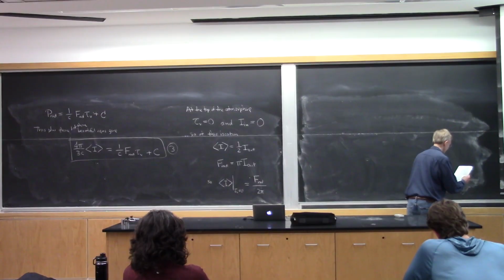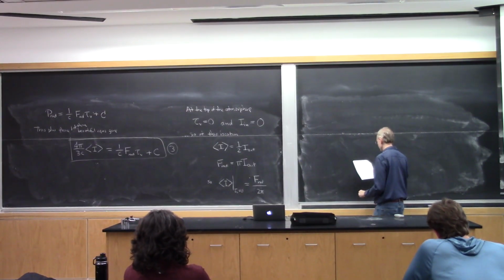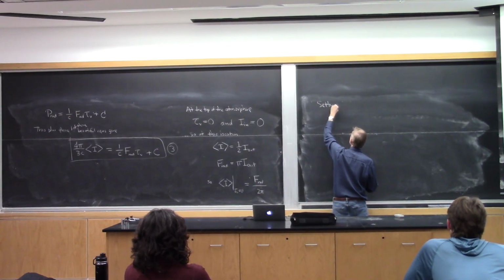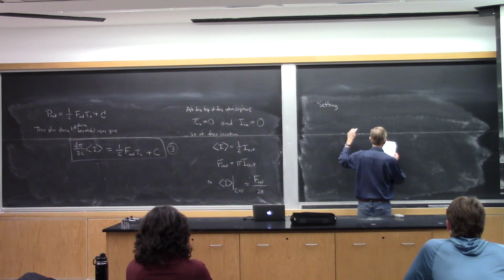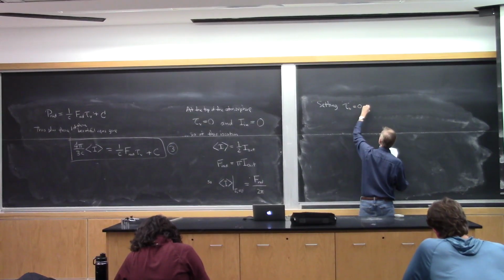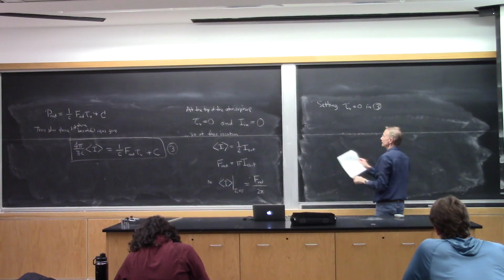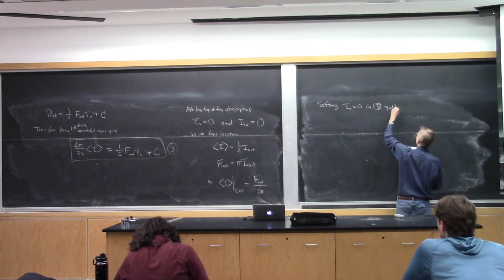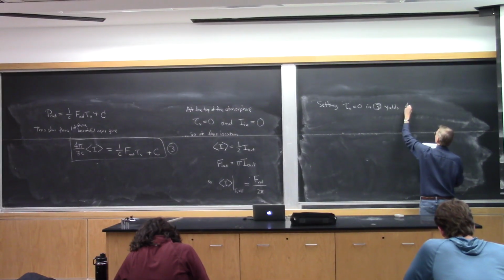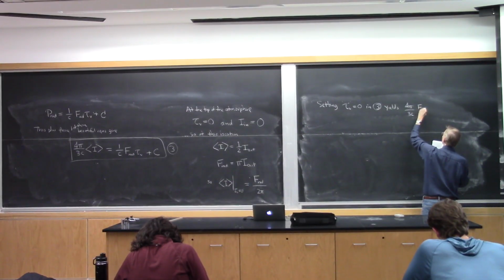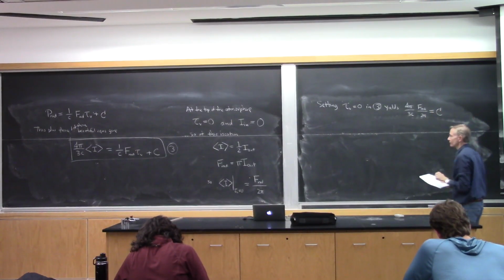Okay, so now what? This is a simple 74-step process getting here. Setting tau_V equals 0 in equation 3 yields that 4 pi over 3c times F_rad over 2 pi is equal to that constant of integration.